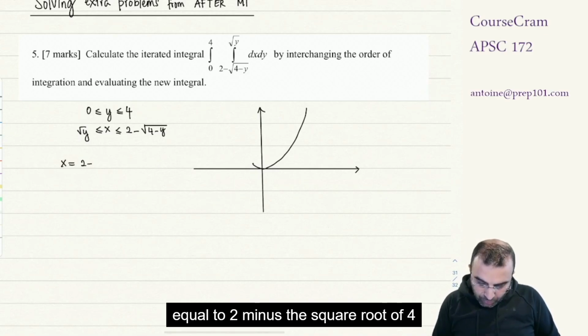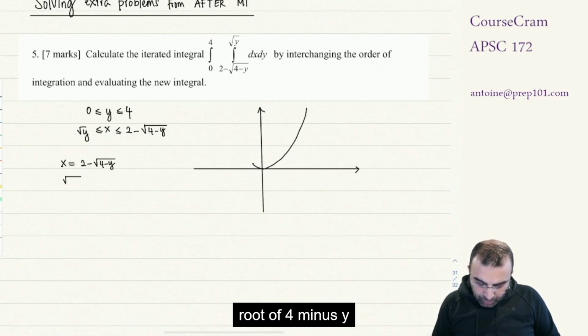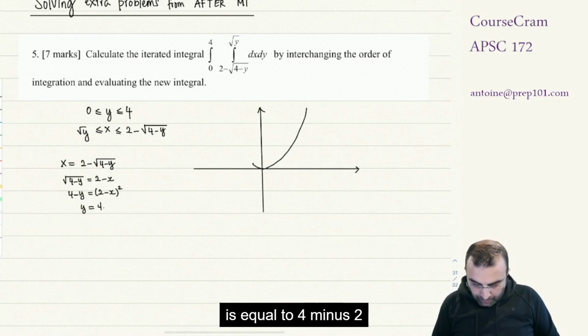And then what's the other one? x is equal to 2 minus the square root of 4 minus y. So this means the square root of 4 minus y is equal to 2 minus x. So 4 minus y is equal to (2 minus x) squared. So y is equal to 4 minus (2 minus x) squared.